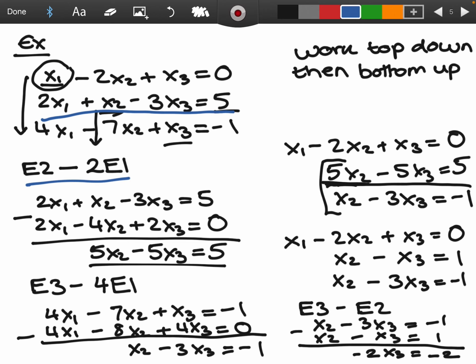Okay, and I have replaced my second equation with my solution. So I've added or subtracted a multiple of one equation from another and then replaced an equation with that solution of adding or subtracting a multiple from it. Okay, so you can replace an equation by the sum of itself and the multiple of another equation.